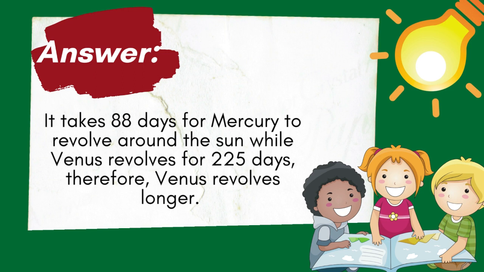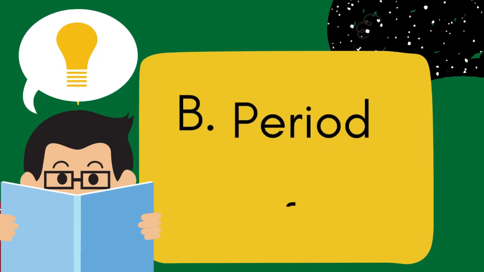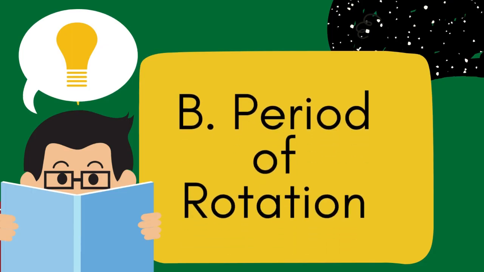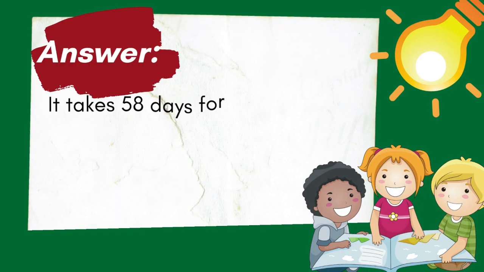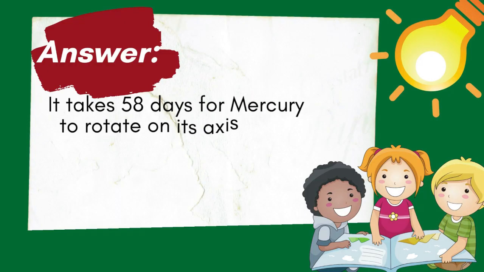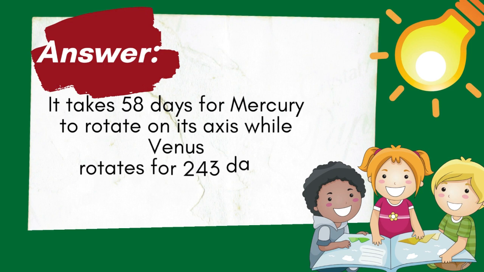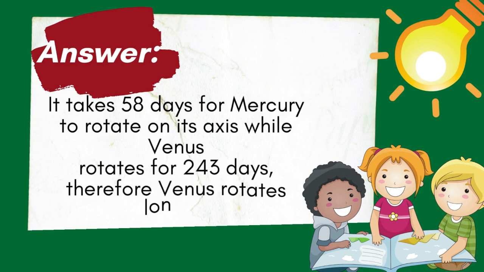Therefore, Venus revolves longer. Letter B, period of rotation. Our answer will be, it takes 58 days for Mercury to rotate on its axis, while Venus rotates for 243 days. Therefore, Venus rotates longer.